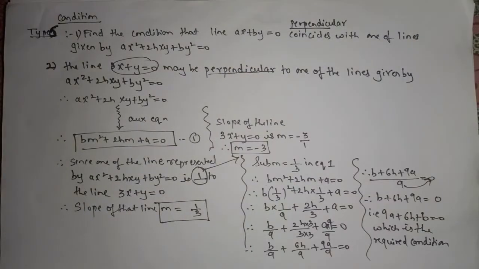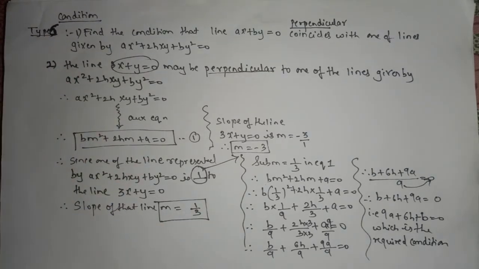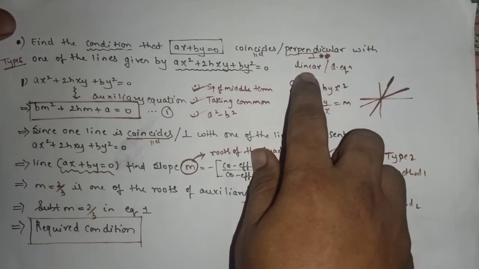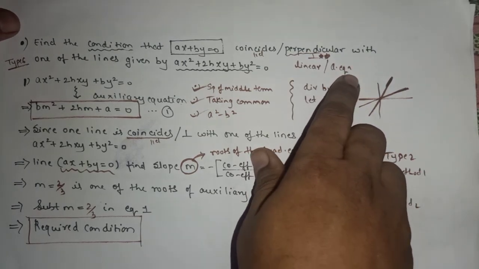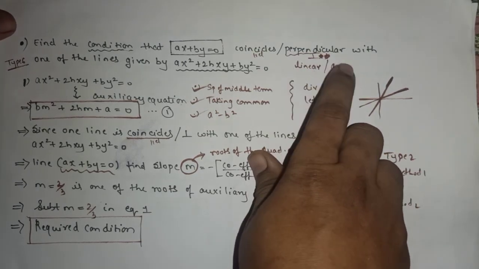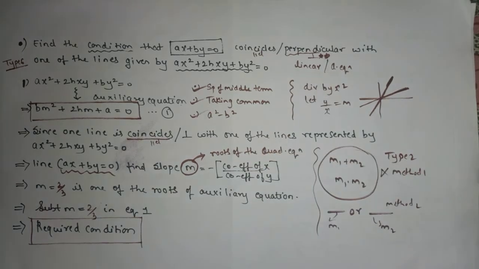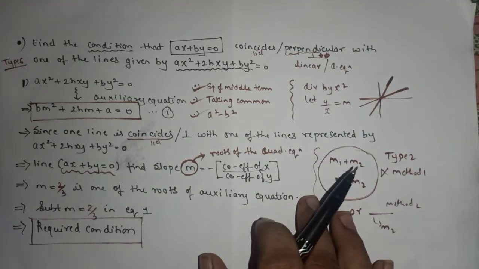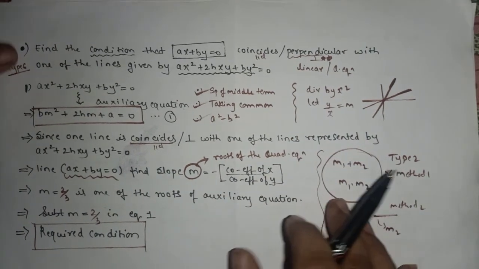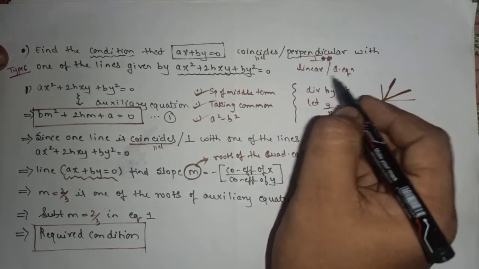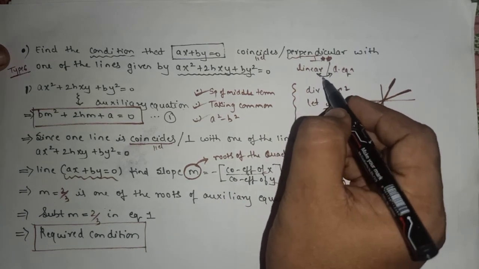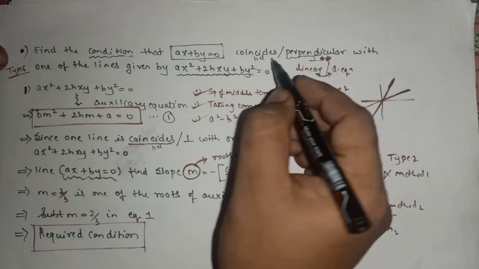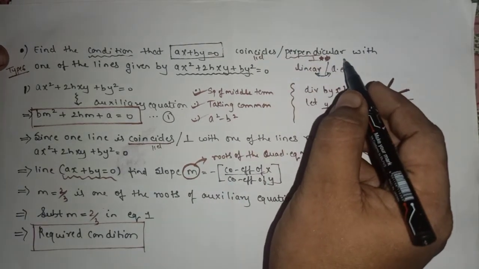In short, you can remember type number 6 as a linear and a quadratic equation. You will have one linear equation and one quadratic equation. Sometimes in a question it will say coincide, and in some it will say perpendicular.